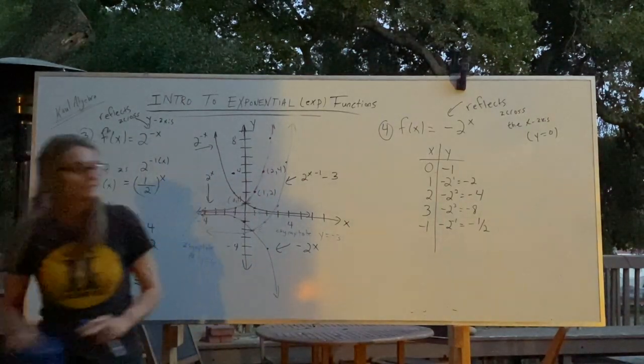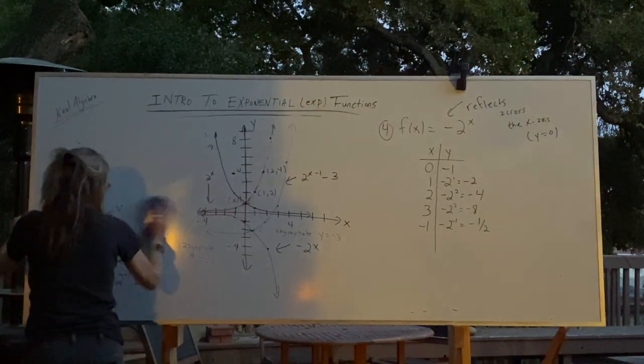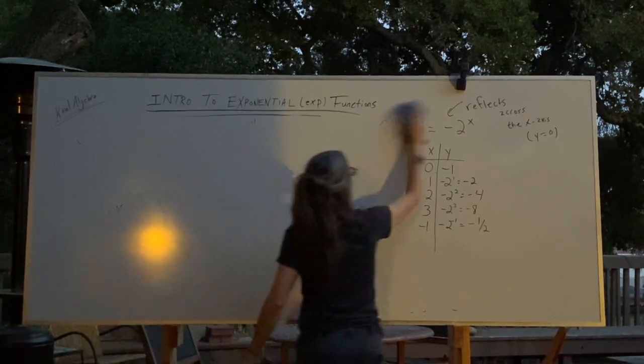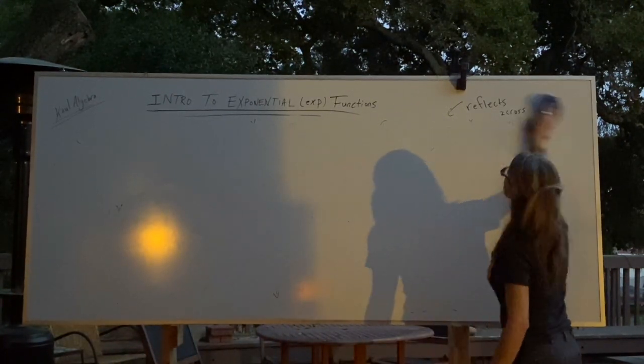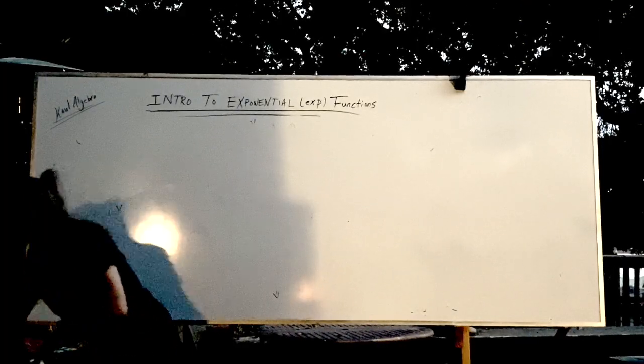So one last note on exponential functions is the properties. I'll leave off with a mention of those and something that you want to pay attention to when you're graphing.